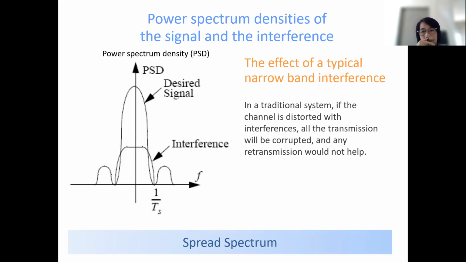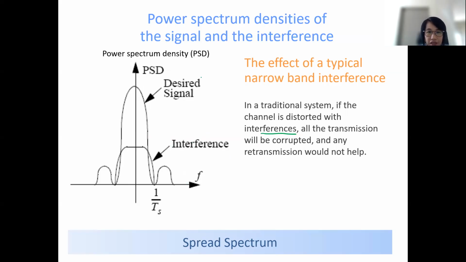Okay, this slide tries to explain why we need the spread spectrum. Now I think you understand the concept of interference and multipath already. In the traditional system, if the channel is distorted with interference, the transmission will collapse like this.